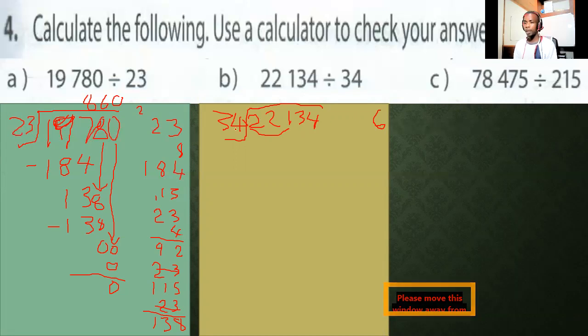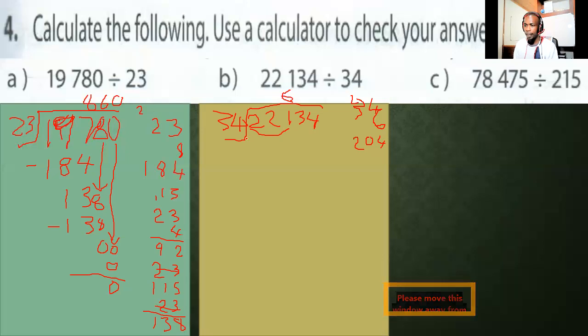But here we've got 34. Now let me say 34 times 6. 34 times 6, 4, carry 2, 6 times 3, 18 plus 2, 20. 204. But I want to go to 221. The remainder, no problem. So I write 6 on top of 1.